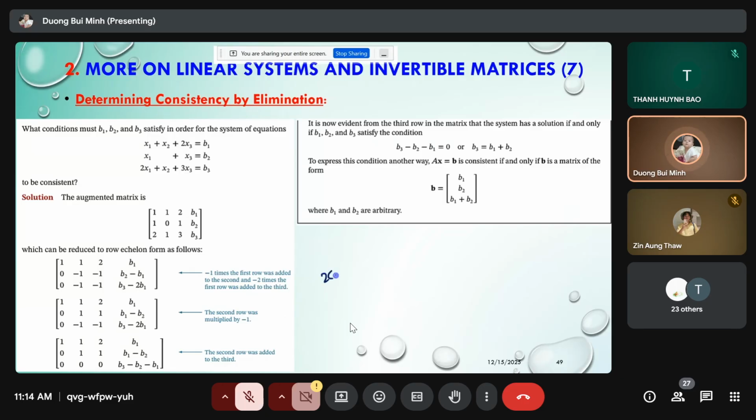So x3 is free. That means x3 is t, with t belonging to the set of real numbers. Or we can say x3 is a function of x1 and x2.